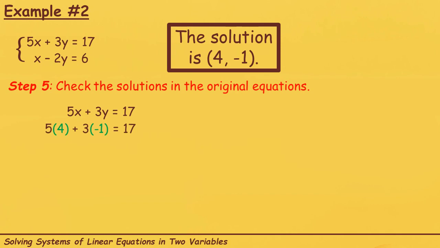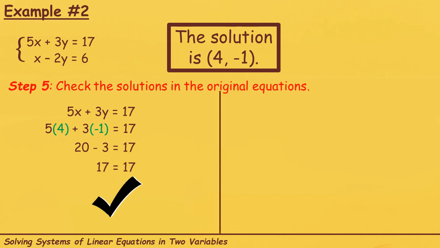Magiging 5 times 4 plus 3 times negative 1 is equal to 17. Let us just simplify. 5 times 4 is 20. 3 times negative 1 is negative 3. Equals 17. 20 minus 3 is 17. So, therefore, 17 is equal to 17. So, nag-equal sa first equation.